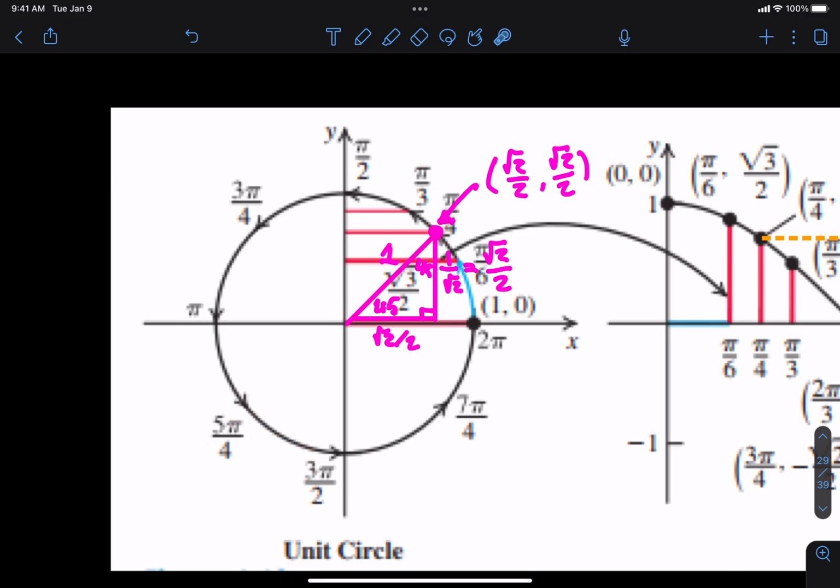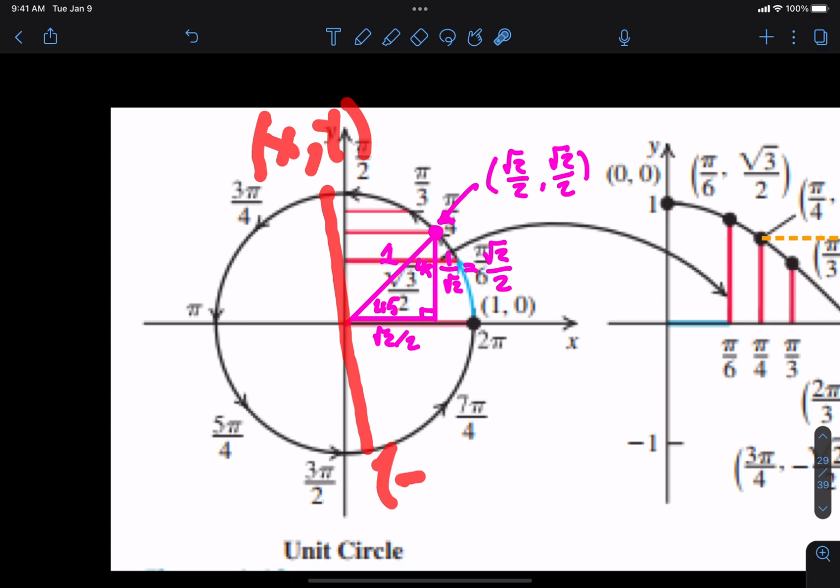Same deal if I take this point and this point. This point will have coordinates (x, y), and this point will be (negative x, negative y). So again, we get the same thing. So if we cross straight across the unit circle, i.e. if we add pi to the angle, then we get the same result for tangent.